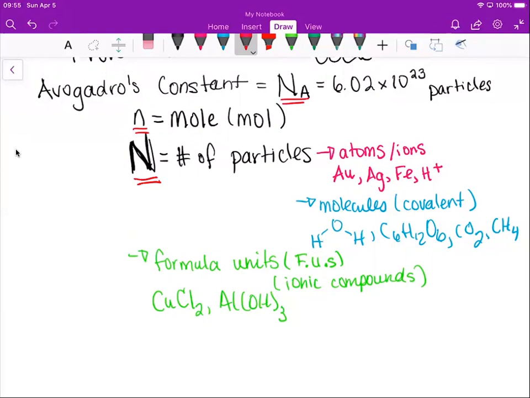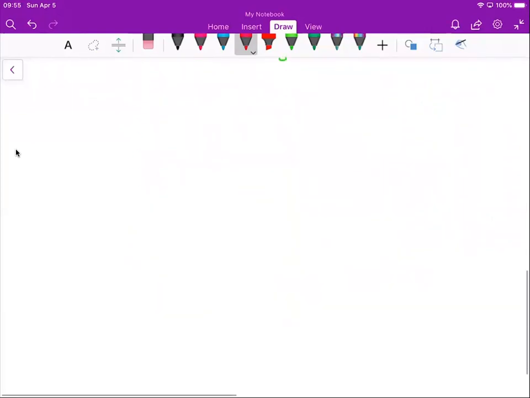So if you can calculate these things, that means there has to be a formula. And our formula is mole equals number of particles divided by Avogadro's constant. So let's label them.